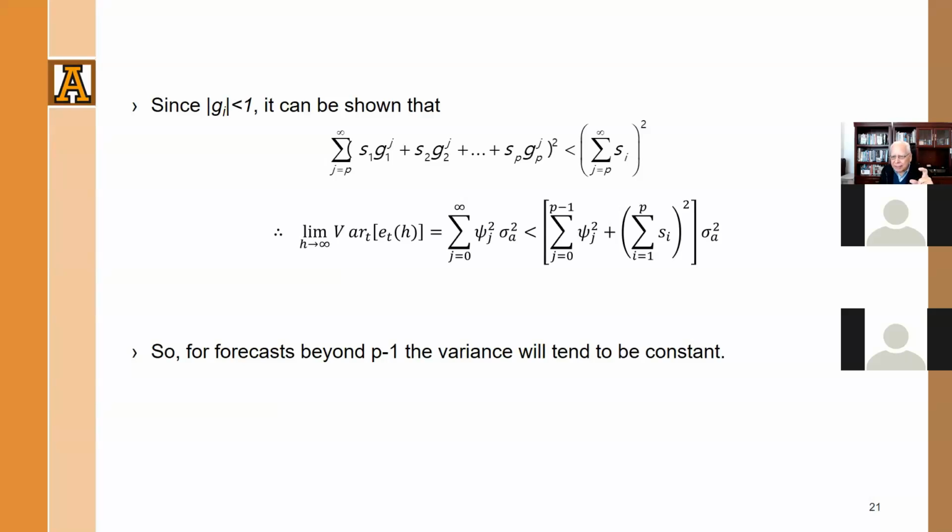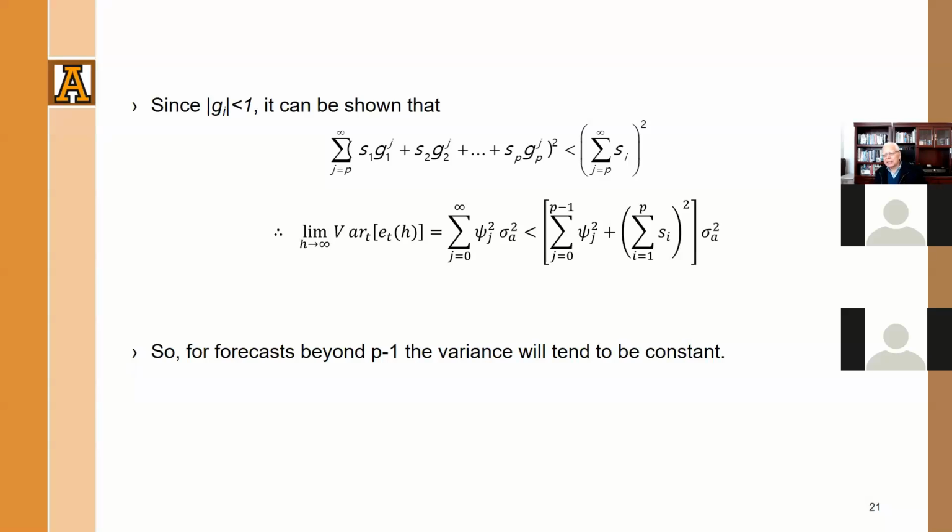Though it's not constant, because if you look at the variance, this sum is infinite. It's a sum from J equals P to infinity. But this is bounded by this sum. So the forecast beyond P minus 1, its variance will tend to be constant in the long run. In the long run, once we exceed P minus 1 periods, the variance will tend to be constant.